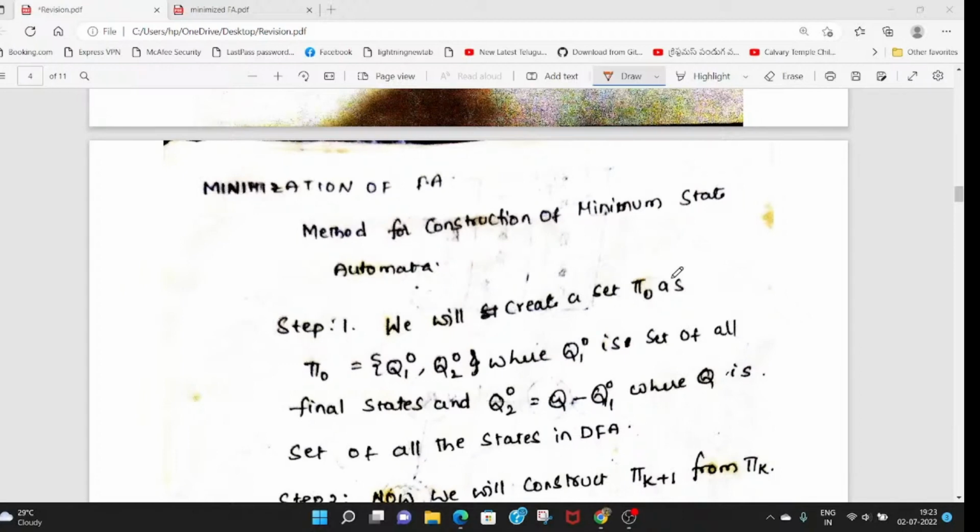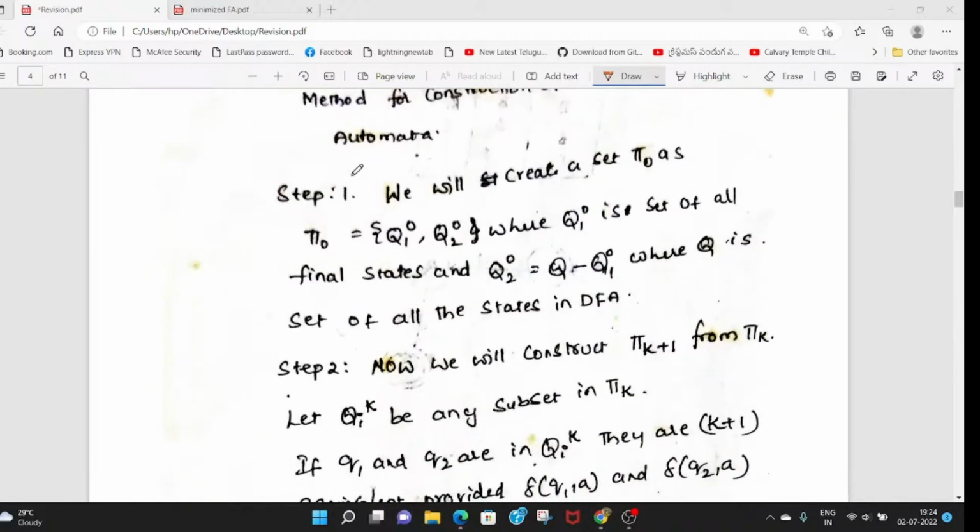In this, we go through the following steps for minimizing the given finite automata. So these are the steps we can follow.